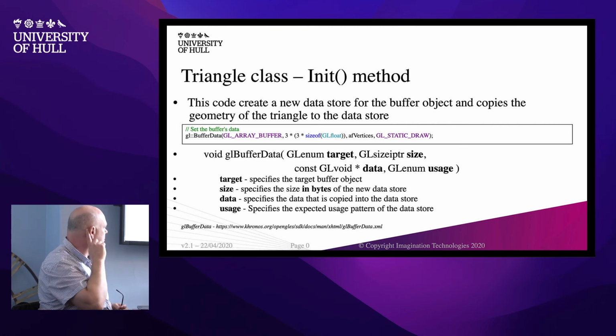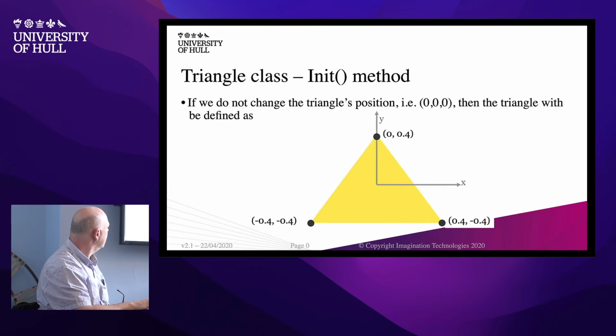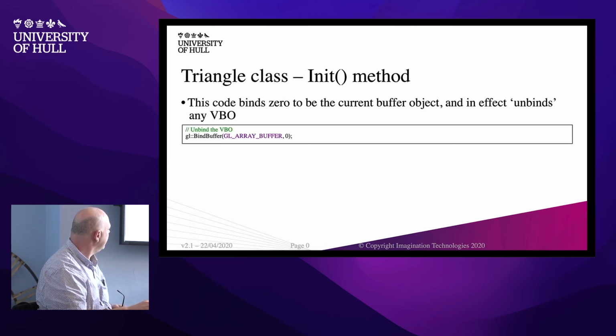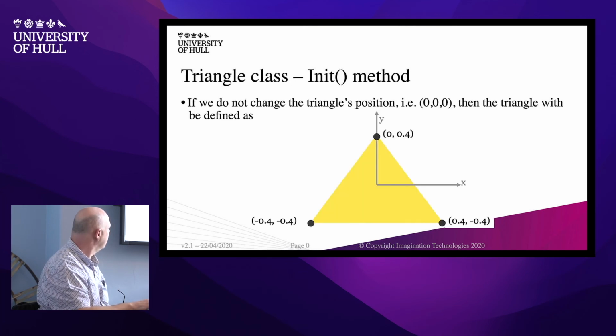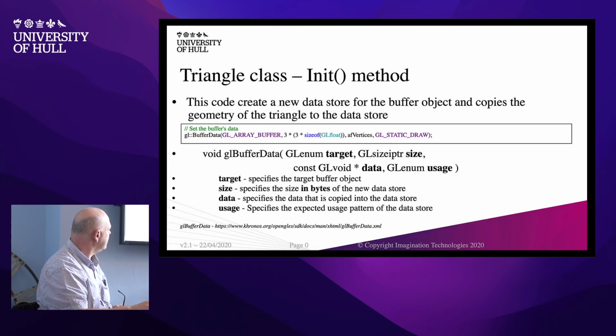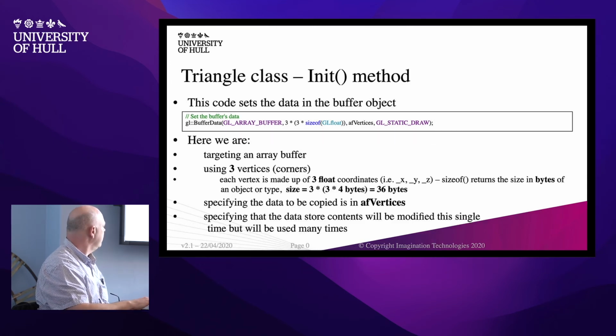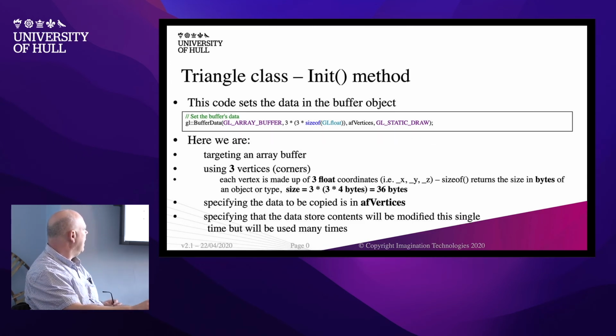How many bytes are we sending? What are we sending? That's what we created here. This is the data. So what are we sending, and how is it going to be used? In this example, it's an array buffer, because that's what we're using.